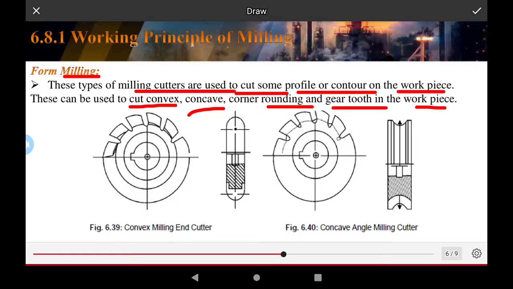This is the convex milling cutter, mounted on the first tip and the second end of the cutter. This is the convex angle cutter, a special angle for cutting, and this is the front stage of the tool, the vertical front of the tool face.